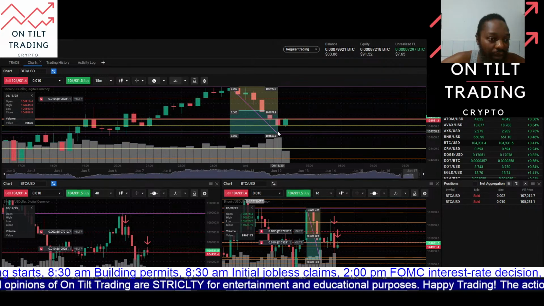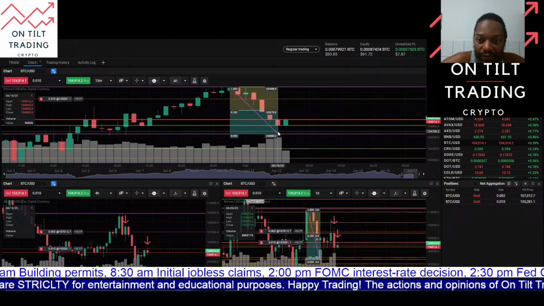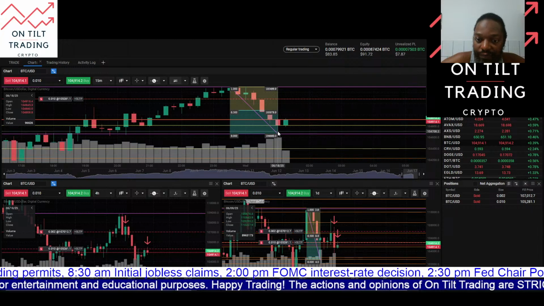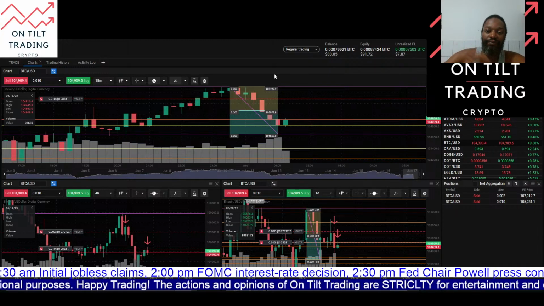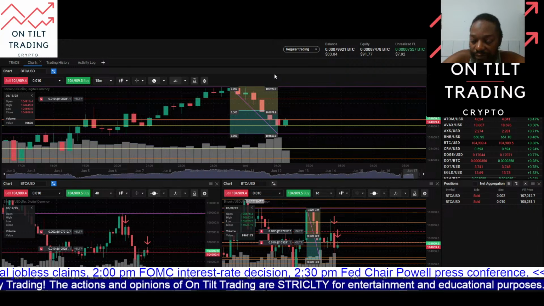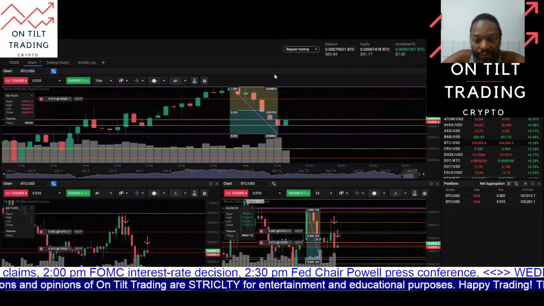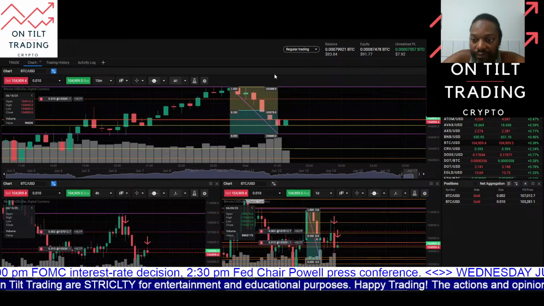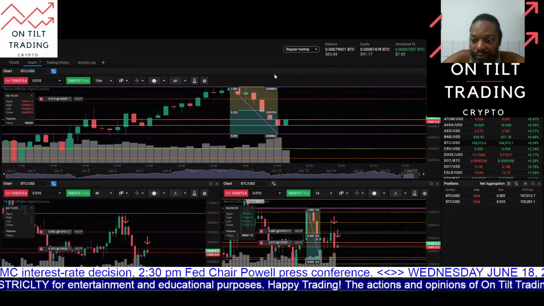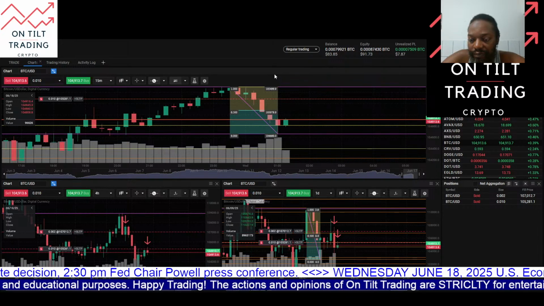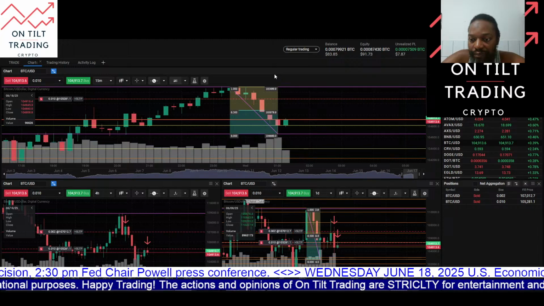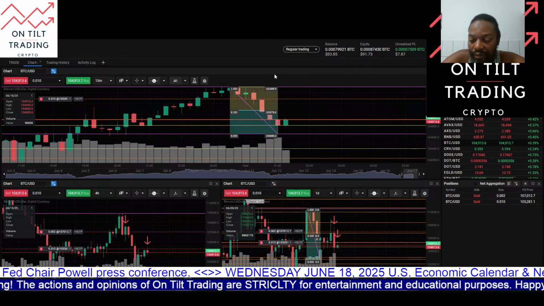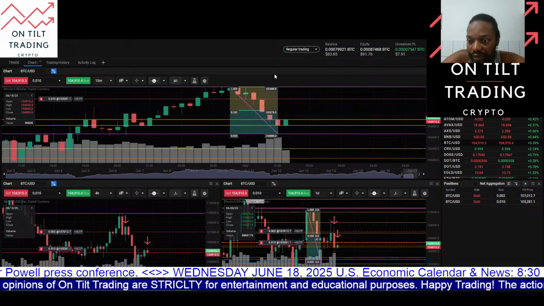We'll have to see 104,945.4. Price still consolidating here at the 104,900 level.